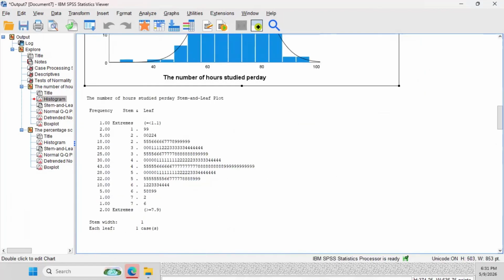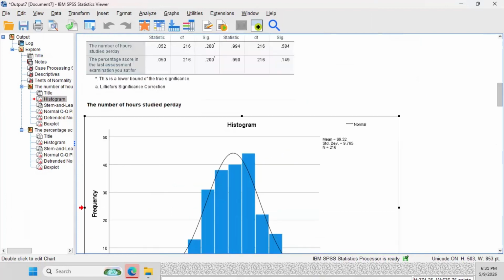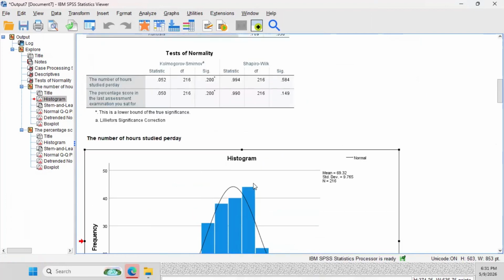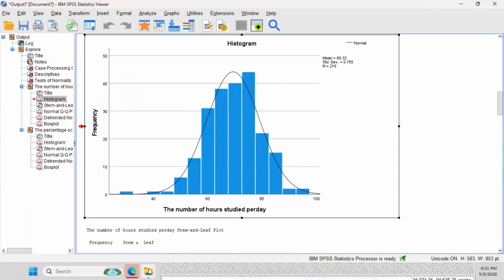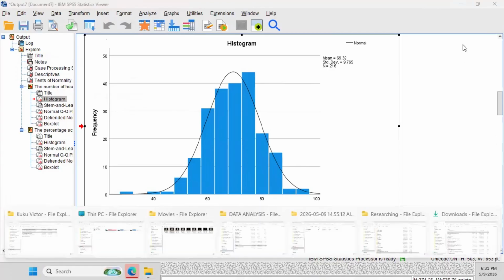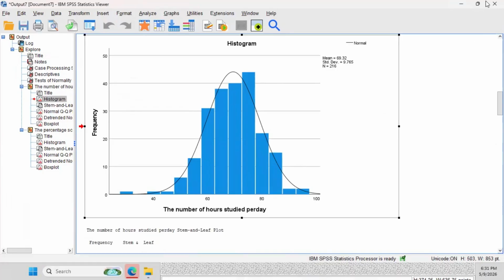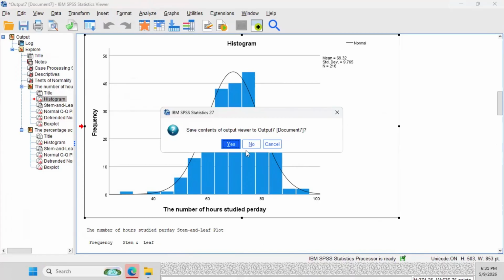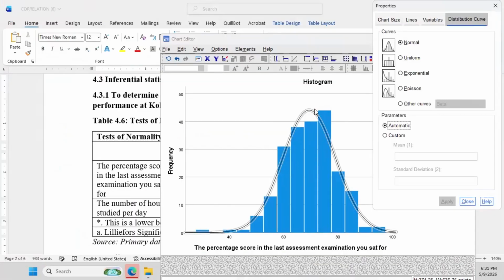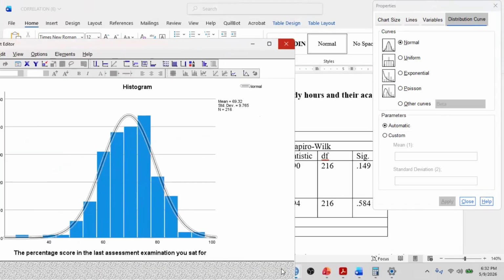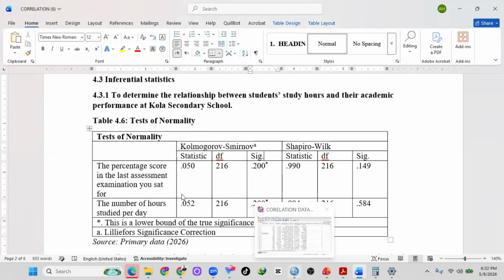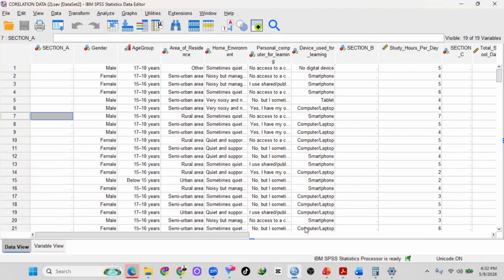Okay, so after confirming that our data is normal, then we can just go back. Okay, just close that. So we can just go back and then we go to our document.